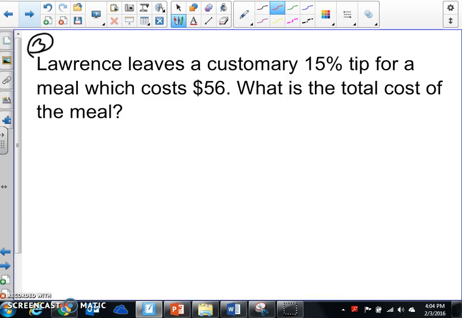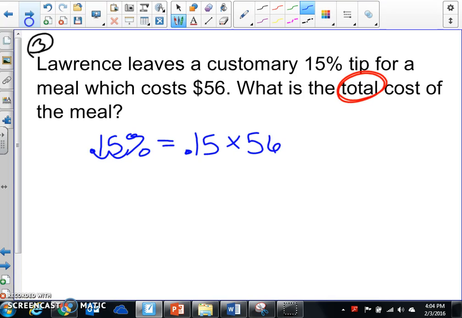All right, Lawrence leaves a customary 15% tip for a meal which costs $56. What is the total cost of the meal? So I turn that 15% into a decimal by moving twice. So that's 0.15, and I multiply by my original price, which is $56. So 56 times 0.15 is 8.4, which is $8.40.